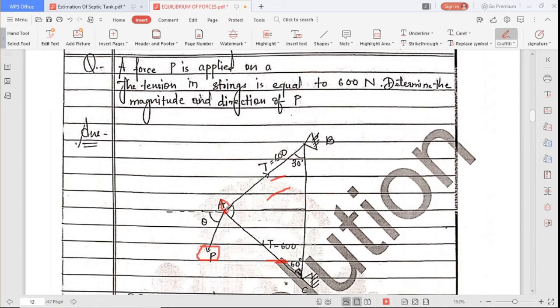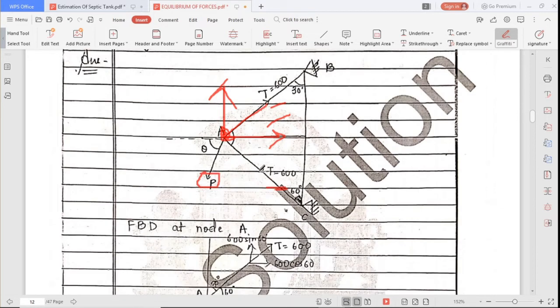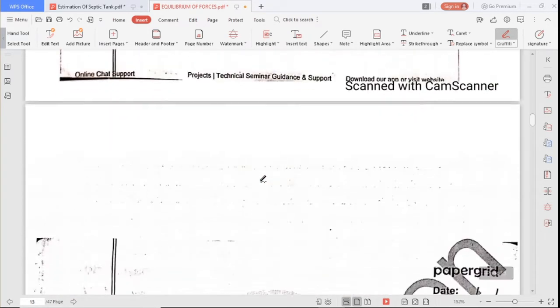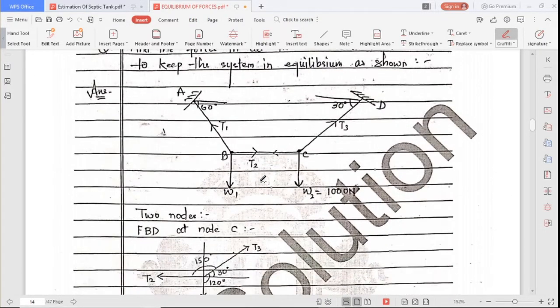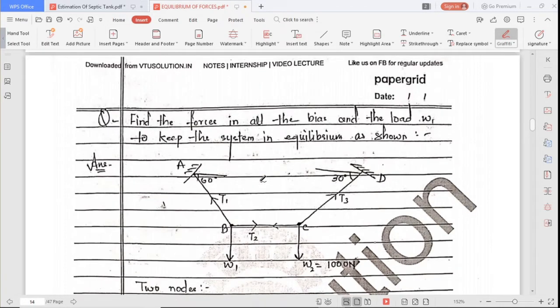We have to take a FBD at node A. If we take the FBD, we have to resolve this force into horizontal and vertical directions, and this force also into horizontal and vertical directions. Here two forces, one force here, one force here. So you solve it, and you will get the answer. For your reference, it is already solved. Then we'll go to the next problem, which is this one.